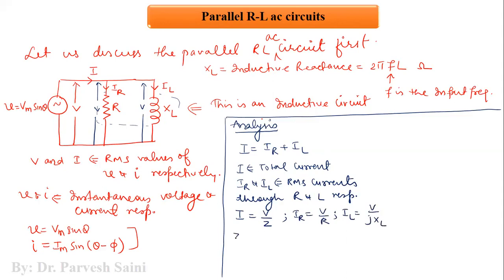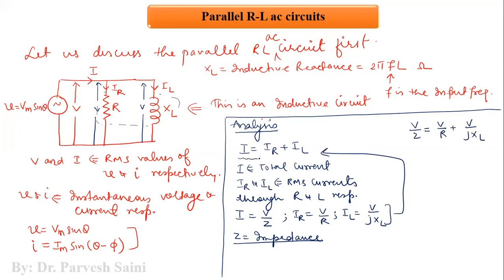Now this Z is the impedance. So if we substitute all these values into this equation, we get V by Z is equal to V by R plus V by JXL.